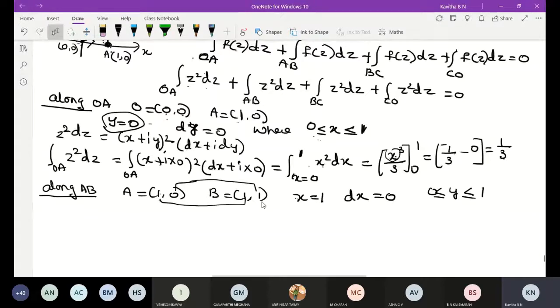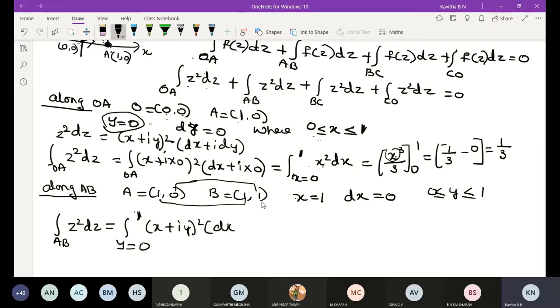Then the integral along AB of z square dz is equal to, AB means y varies from 0 to 1. What is the z square? (x plus iy) whole square into (dx plus i dy).